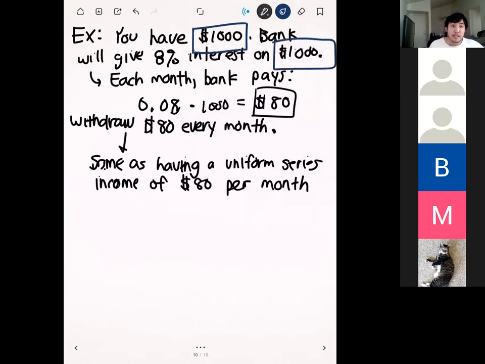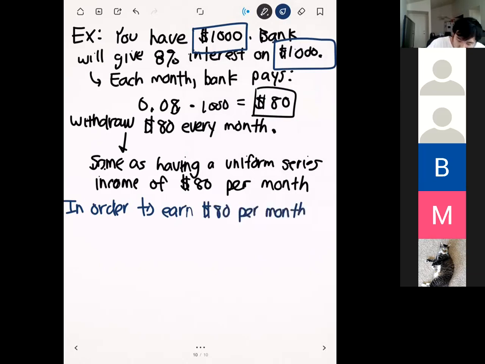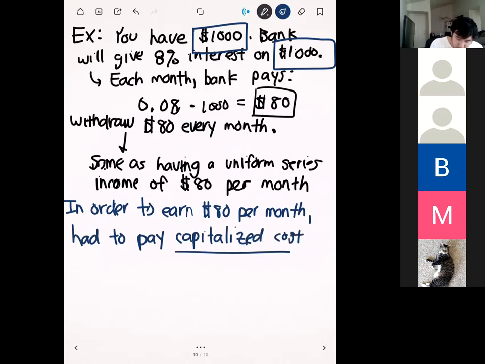In this particular case, in order to earn your $80 per month just from this bank account, you had to pay a capitalized cost of $1,000.